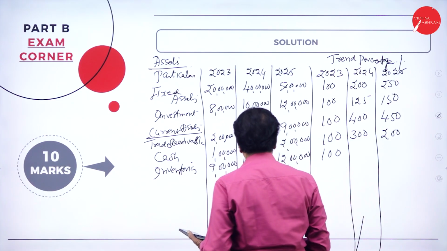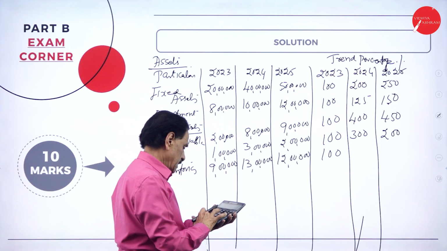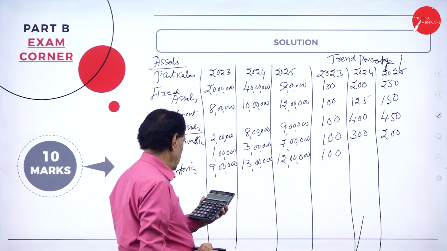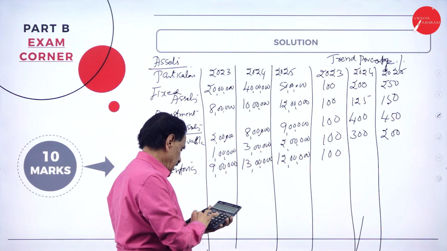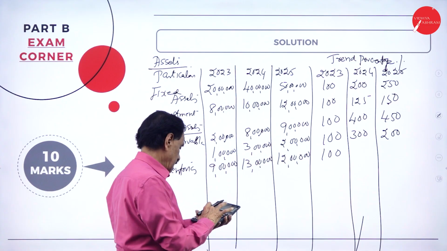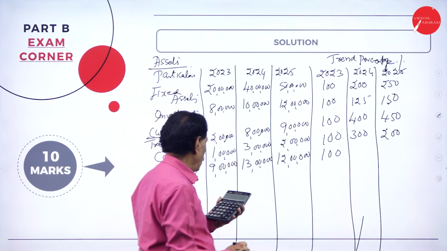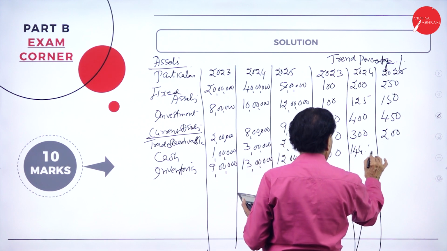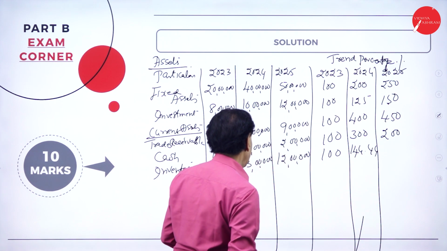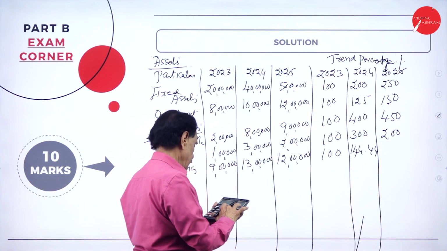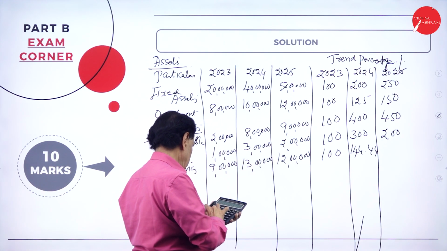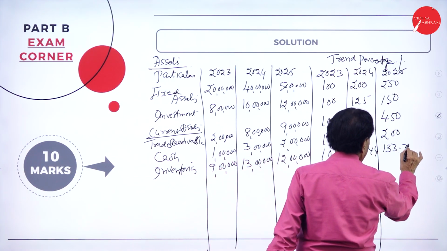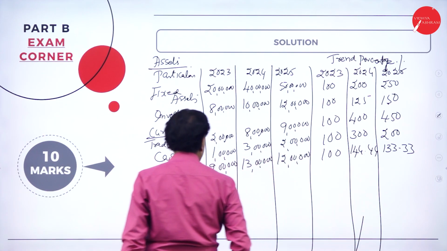For inventories, 9 lakh is 100, 13 lakh is 144.4, and 12 lakh is 133.33 to the base.